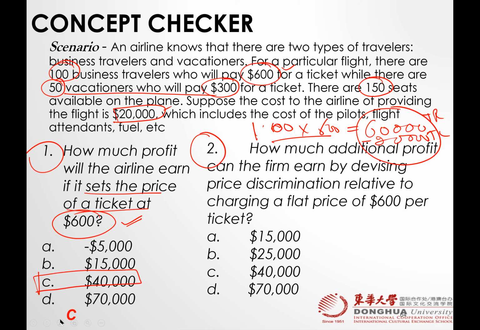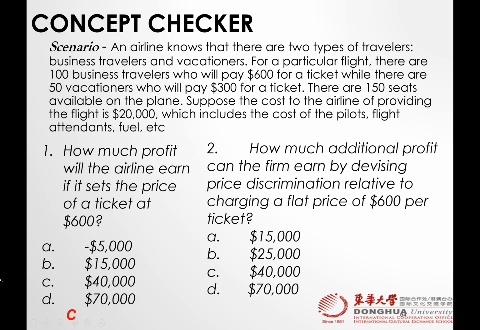Now, a little bit of a twist here: how much additional profit can the firm earn by devising price discrimination relative to charging a flat fee of 600? After serving the 100 business travelers, the airline still has vacancies. Yes, 50 seats are still left, and the company is ready to accommodate that.